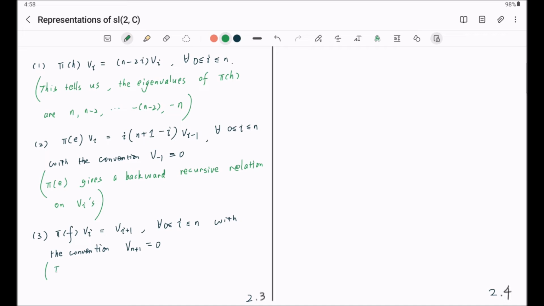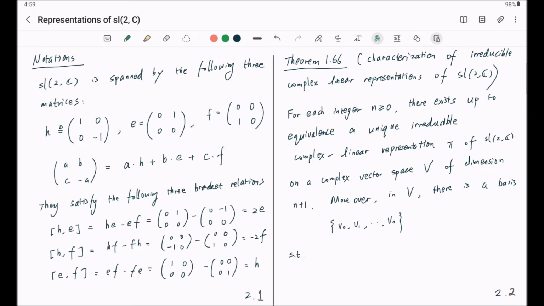This tells us that pi of F gives a forward recursive relation on the V sub i's. This is the whole statement for this theorem on the characterization of irreducible complex linear representations of SL2C.